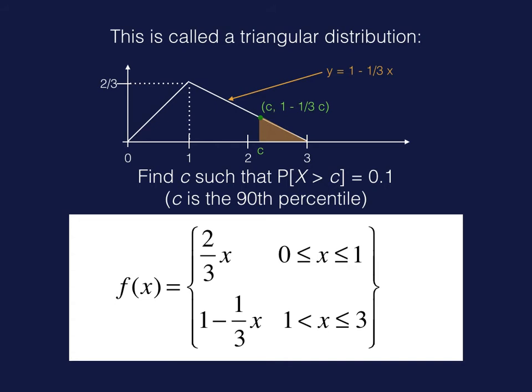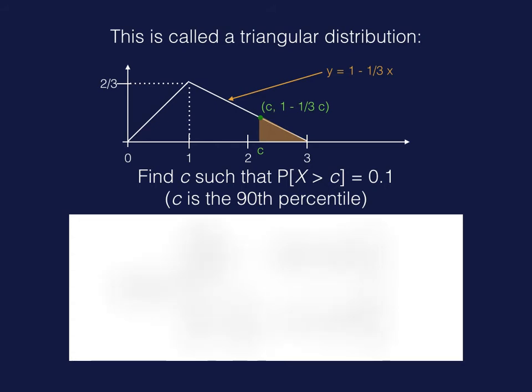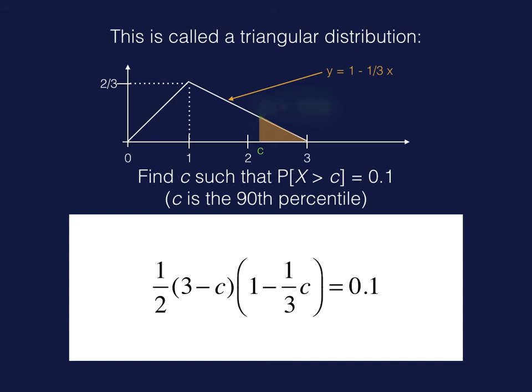Then that triangle has a base of 3 minus c and a height of 1 minus 1/3 c. So 1/2 base times height is this mess, which turns into a quadratic, which could be solved, and you could find c, but I'd rather not do the quadratic formula. I'm going to try something else.